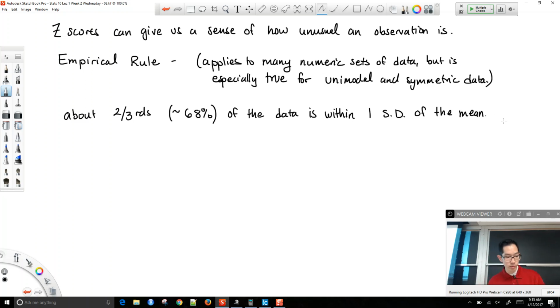Or in other words, we can say that about 68% of the data have Z-scores between 1 and -1.